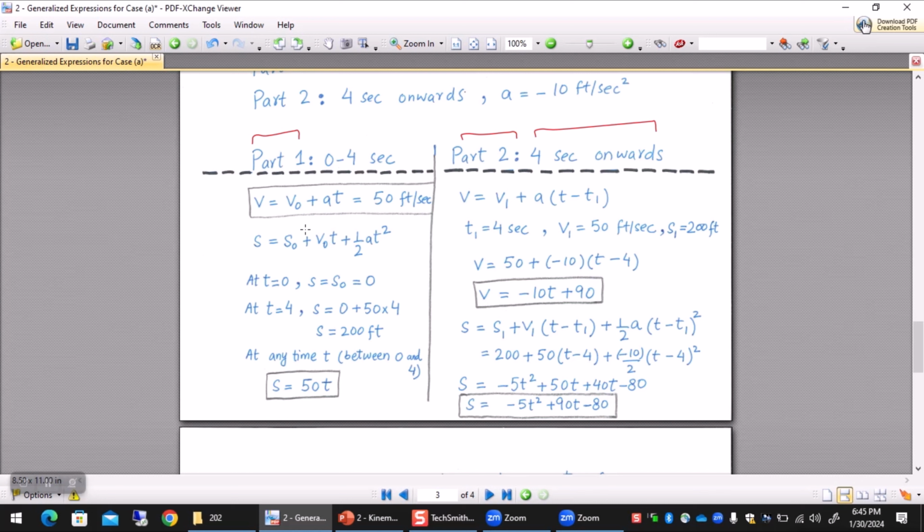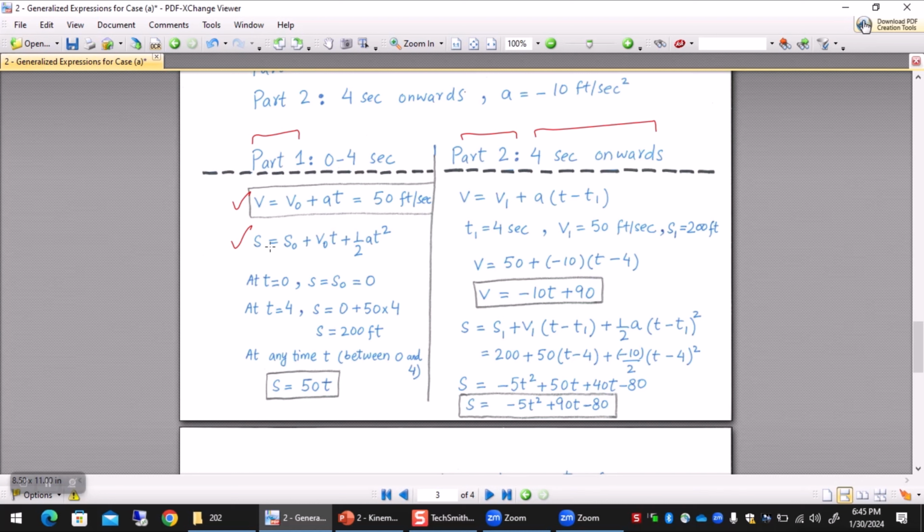For part 1, I applied the same original equations which we derived earlier, right? So v equals v naught plus at, s equals s naught plus v naught t plus 1 over 2 at squared, where s naught and v naught are the values of displacement and velocity exactly at t equal to 0.